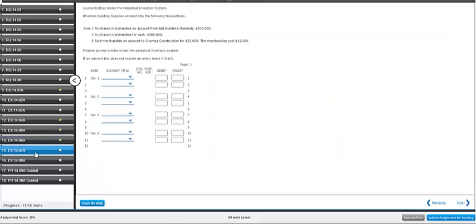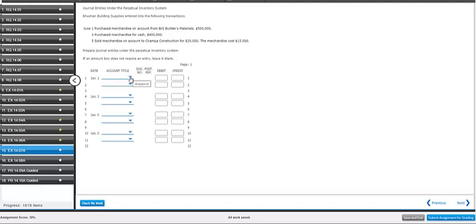And number 15, or exercise 14.7, we're going to enter journal entries under the perpetual system. On June 1st, we purchased merchandise on account from Bridge Builders Materials.